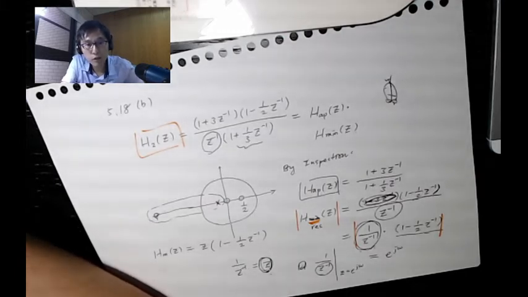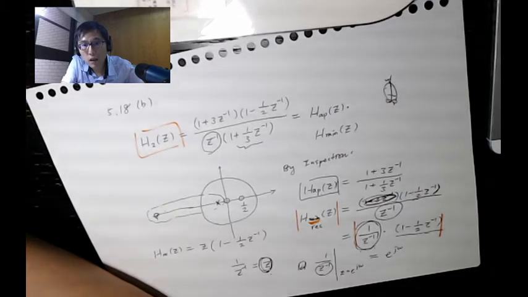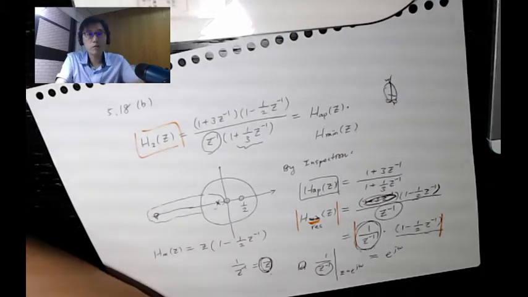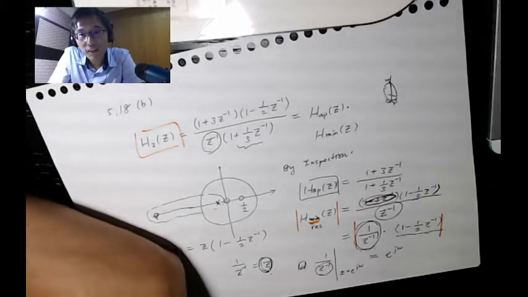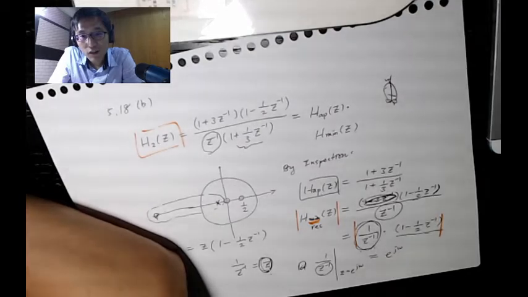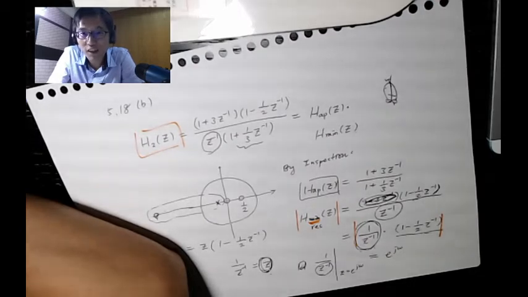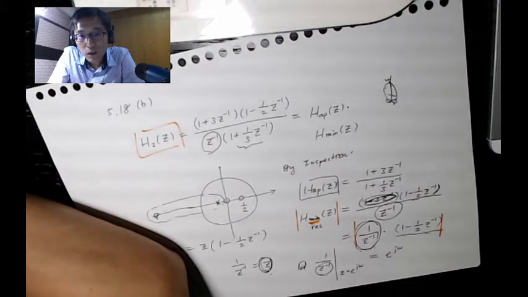Let me check the chat box again. Thank you all for still sticking around. There is a long conversation between Zhengyu and the TA, so we will leave them to figure it out. 0 at the origin.